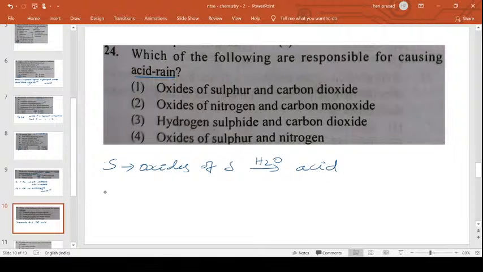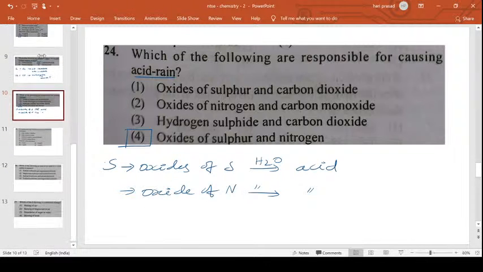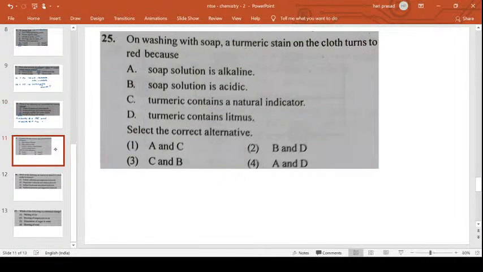Then jet planes' exhaust contains NO, oxide of nitrogen. This oxide of nitrogen with water gives acid. This acid combines with rain and gives acid rain. Therefore, oxides of sulfur and oxides of nitrogen are responsible for acid rain. Next question.